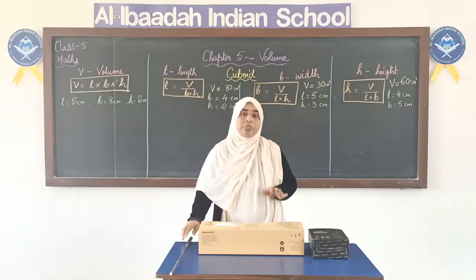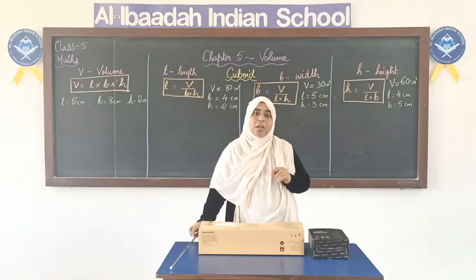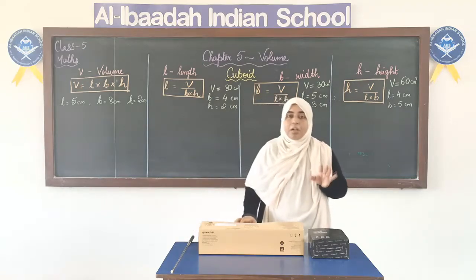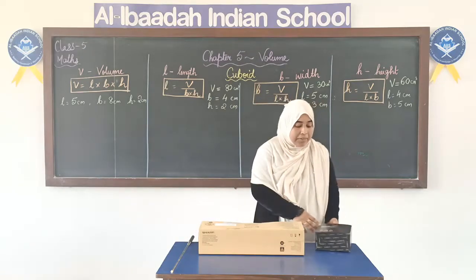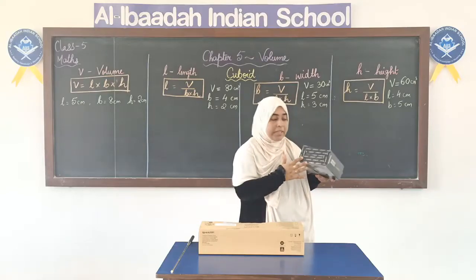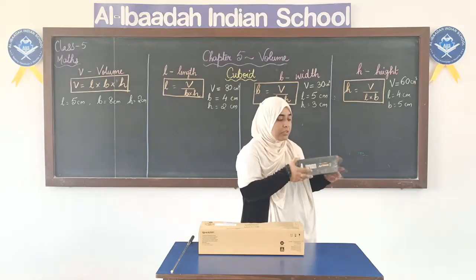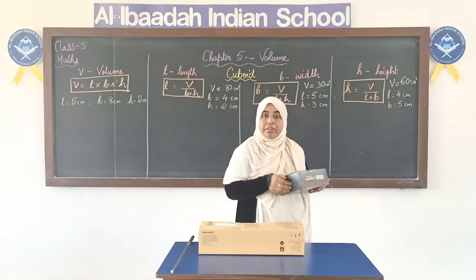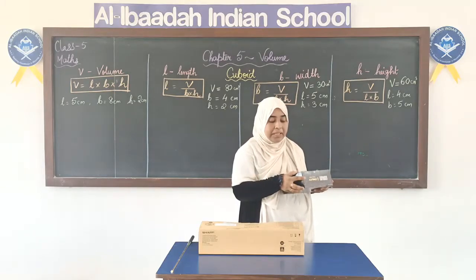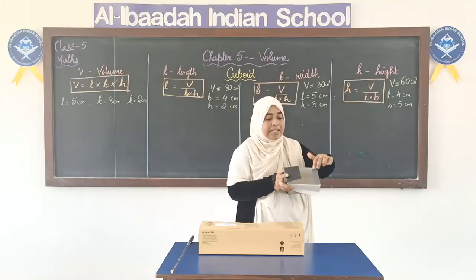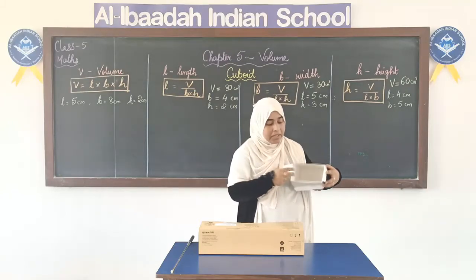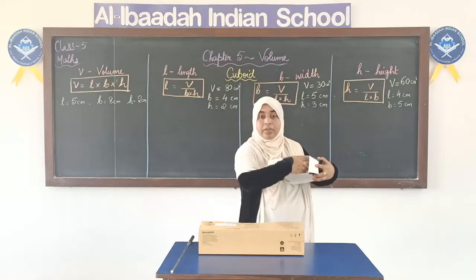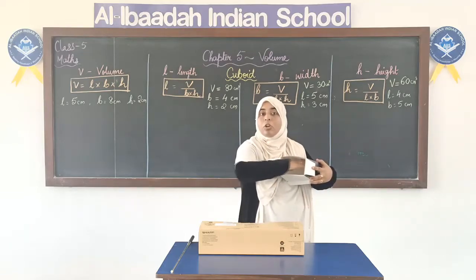Now today we are going to find the volume of the cuboid. Now what we mean by the volume? Volume means, see I have another box over here which is a cuboid again, a rectangular face you can see. All the faces are rectangle. Okay. Now when we say volume, volume means the space that is there inside. Can you see? The space that is there over here. This is called the volume.